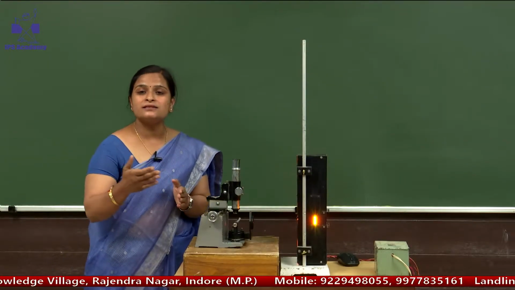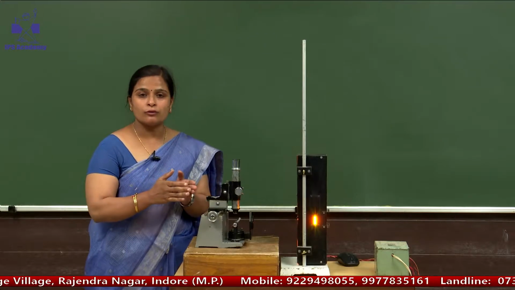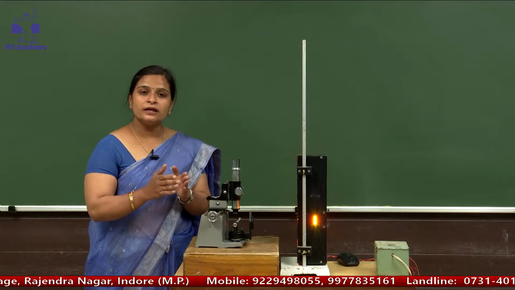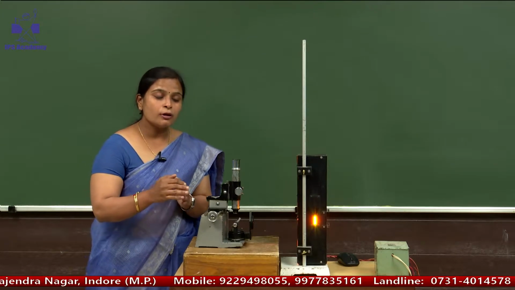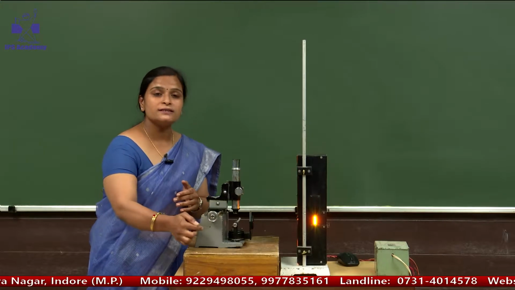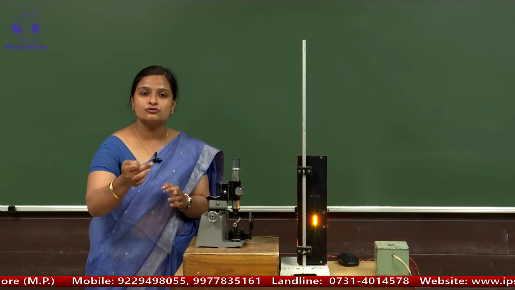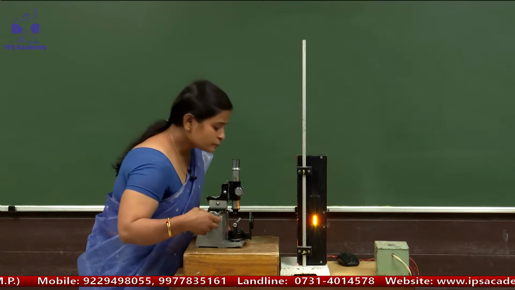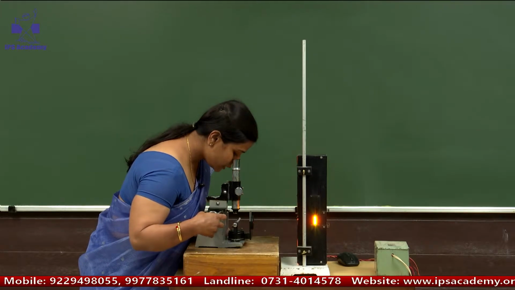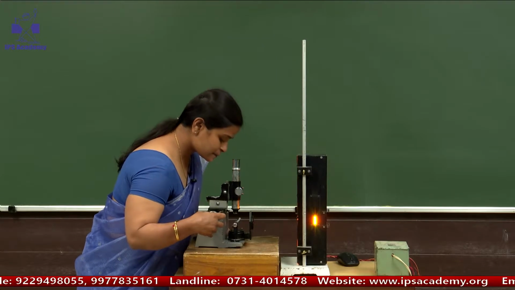Any one ring can be skipped, which is not allowed and the reading will be wrong. So you have to move this circular scale very slowly from 5th to 6th ring, 6 to 7, and now it is set on the 5th ring on the right hand side.